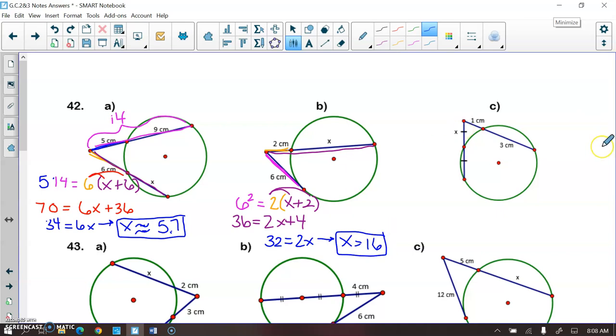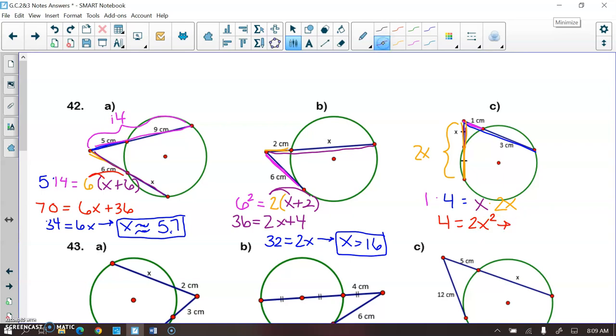For the next one, I'm back to 2 secants. So for this one, I have a 1 times my whole secant, which would be 4, is equal to an x times my whole secant, which would be an x plus an x, or 2x. So I have 4 is equal to 2x squared.